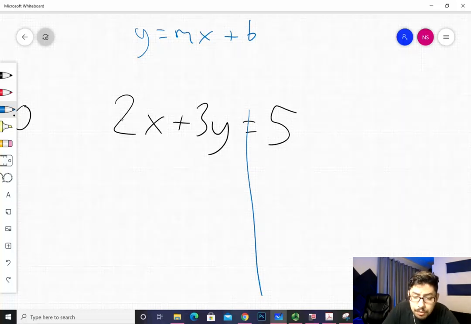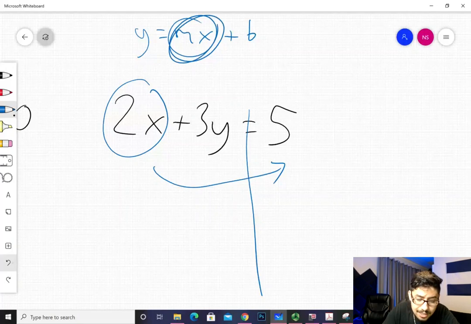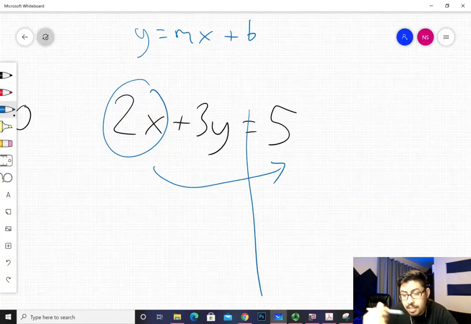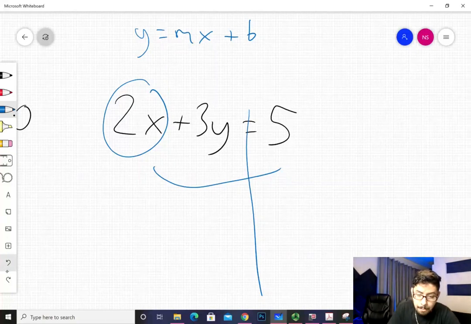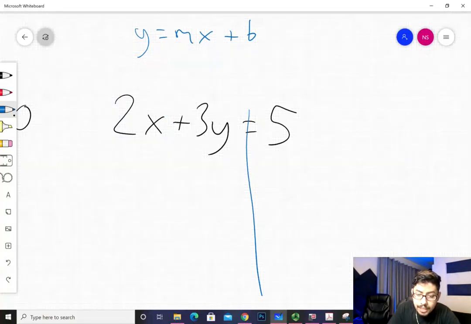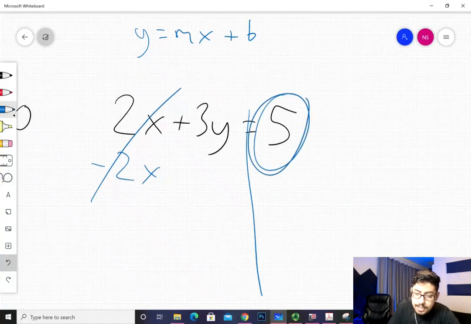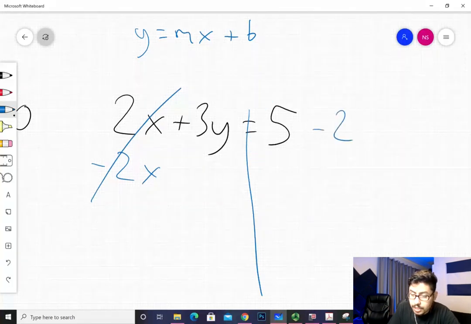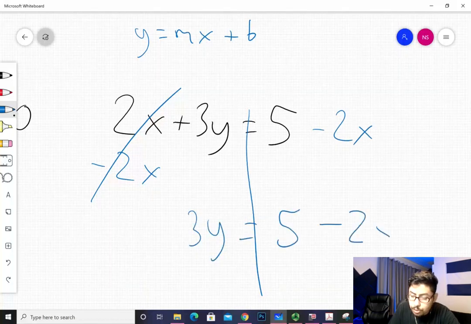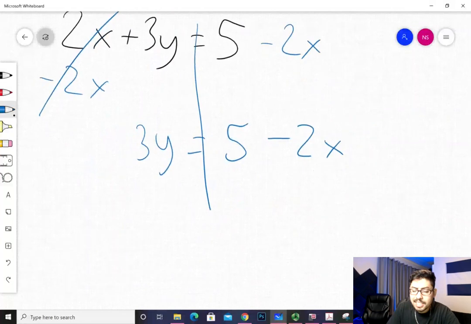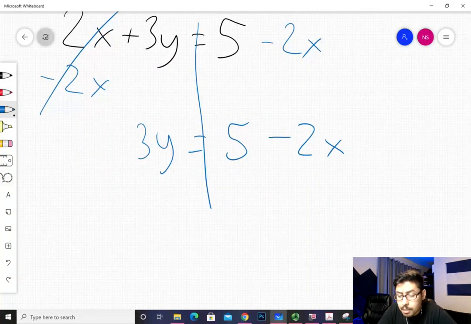I know I'm going to move this 2x over there, because the mx, the term with the x, needs to be on that side of the equal sign. So I move the 2x. Minus 2x cancels out. It can't go underneath here because it's not its like term, so it just gets thrown to the side here, making 3y equals 5 minus 2x. Okay, we're slowly getting there. It's slowly looking like y equals mx plus b.